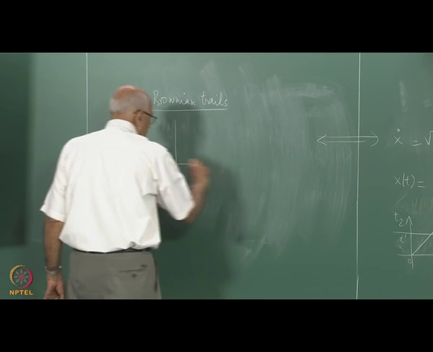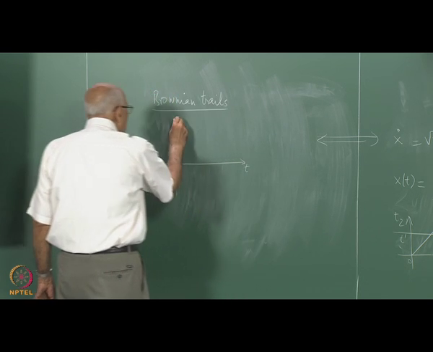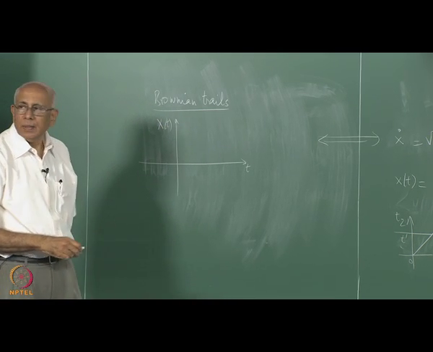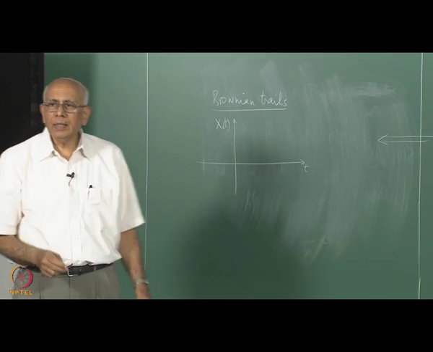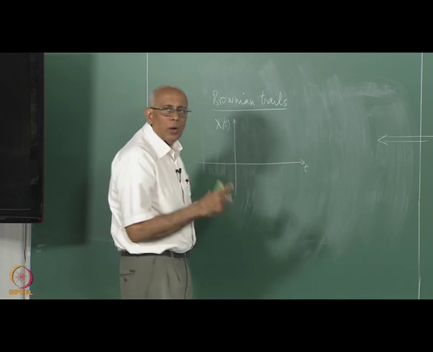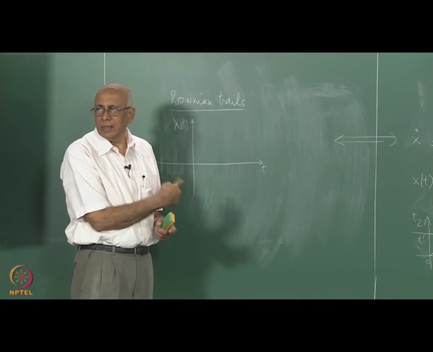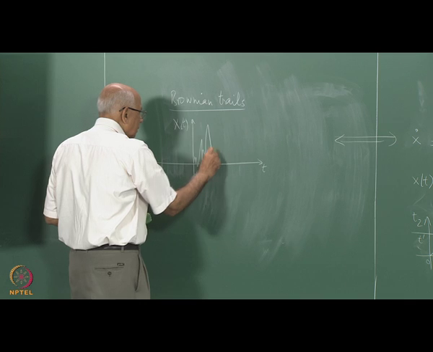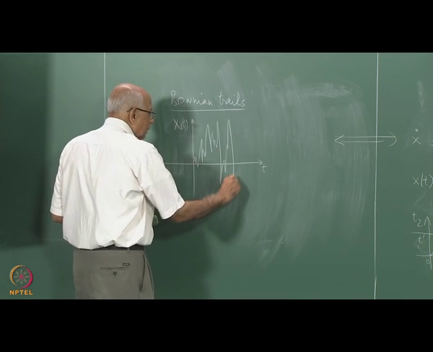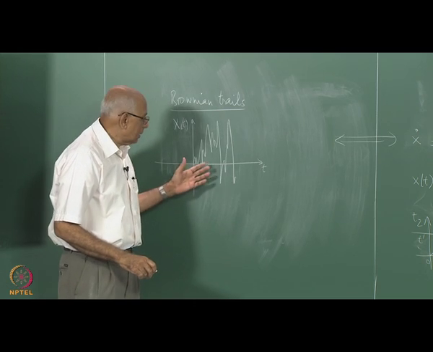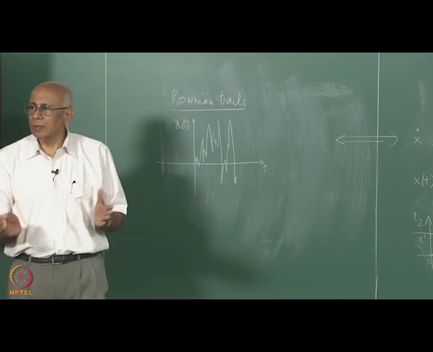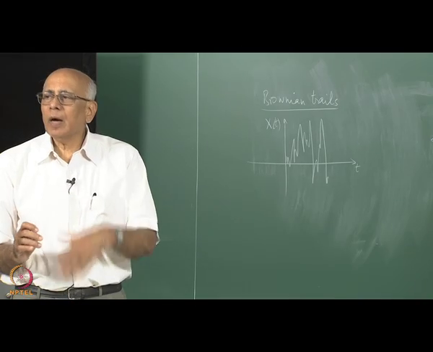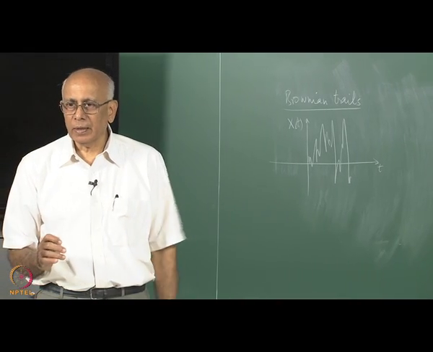If I plotted, here is t, and I plotted this process x of t, Brownian motion, then a lot of interesting facts emerge. In a typical realization, it is hard to plot. By the way, there is no way that I can actually draw a realistic realization. But if I started here and did this, went like this, then the statement is that this x does not have any bound. In any short interval, however short of time, you can attain arbitrarily large values of x on either side of the axis.